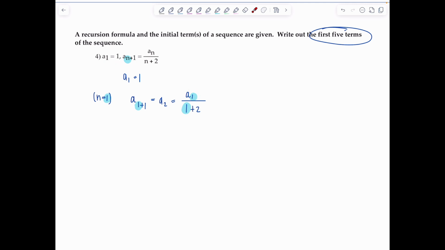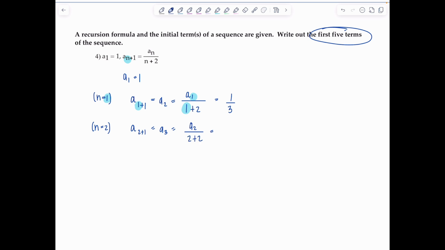A sub 1 is just 1. So a sub 2 is going to be 1/3. Good. That's from plugging in n equals 1. Now if I plug in n equals 2, then I'm going to have a sub 2 plus 1, which is a sub 3. And a sub 3 is, with n as 2, a sub 2 over 2 plus 2.